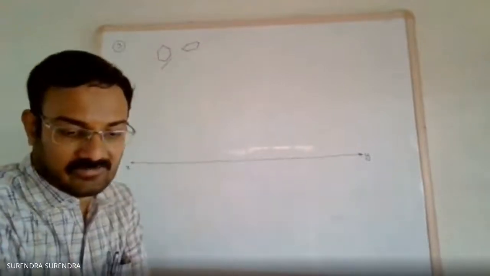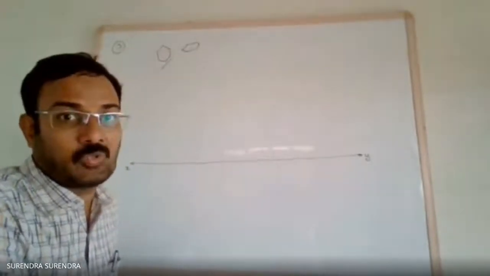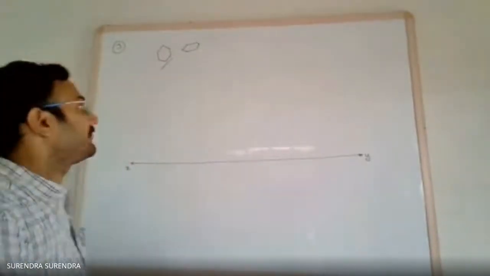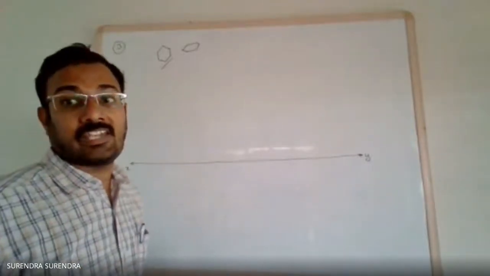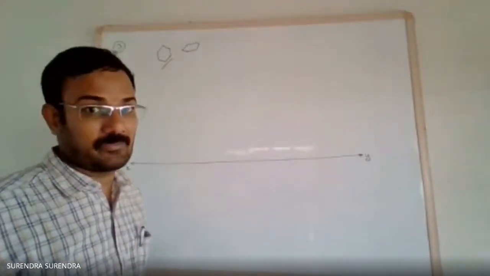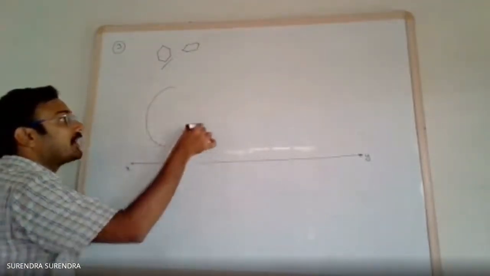How to draw hexagon? I think we have not discussed this one. First, let us discuss how to draw a hexagon. So, the best method is the easiest. As the side length is given as 25 mm, draw a complete circle with 25 mm radius.